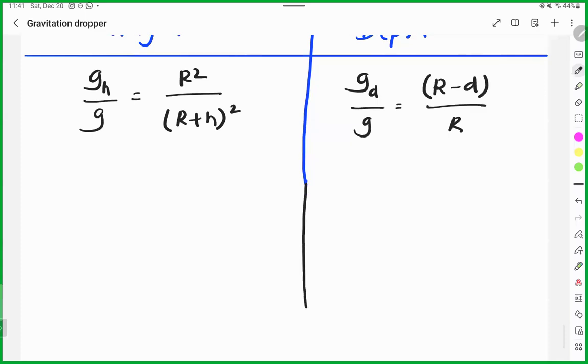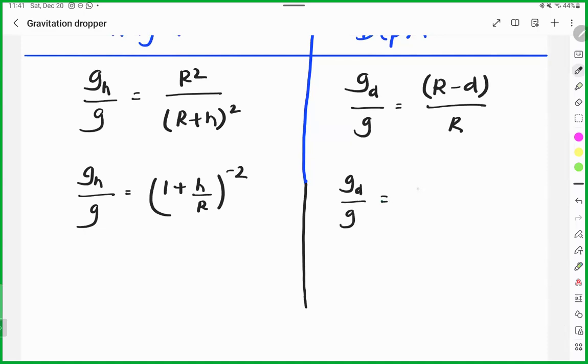First comparison. Second, if you take the ratio, it will be equal to (1 plus h by R) whole power minus 2. Here g_d by g will be equal to 1 minus d by R, only power 1. Any doubt?